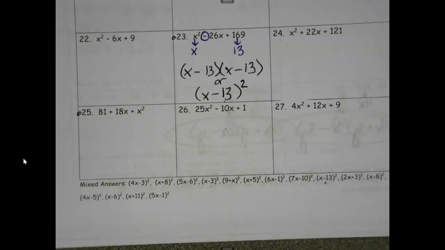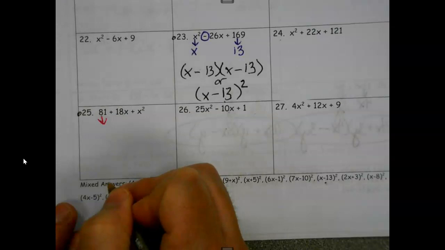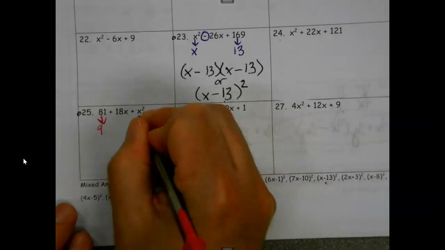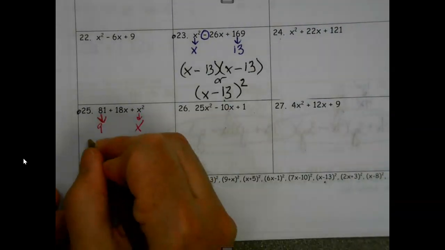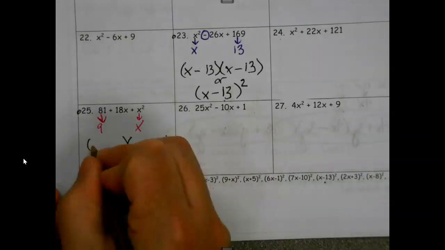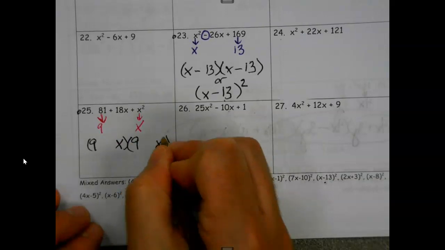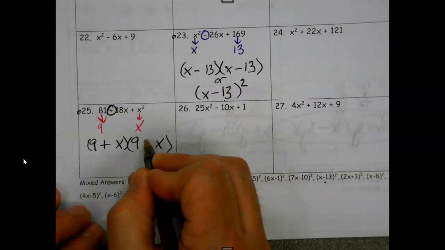And finally, so we don't let anything mess us up, do the same process on 25 that you did on 23. What do we square to get 81? 9. We square x to get x squared. 9, x, sign in the middle.